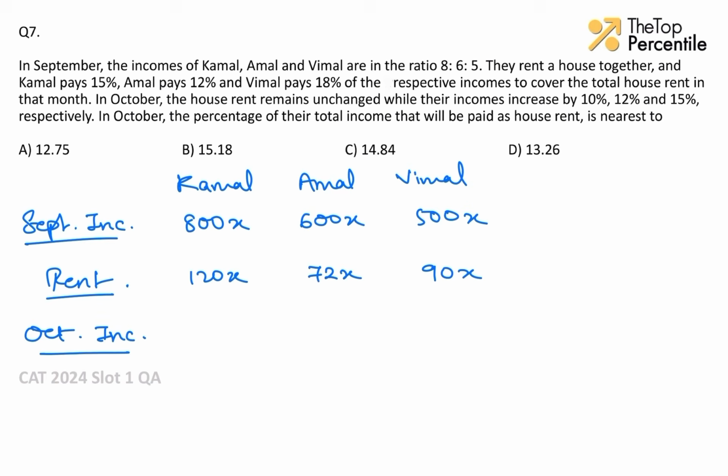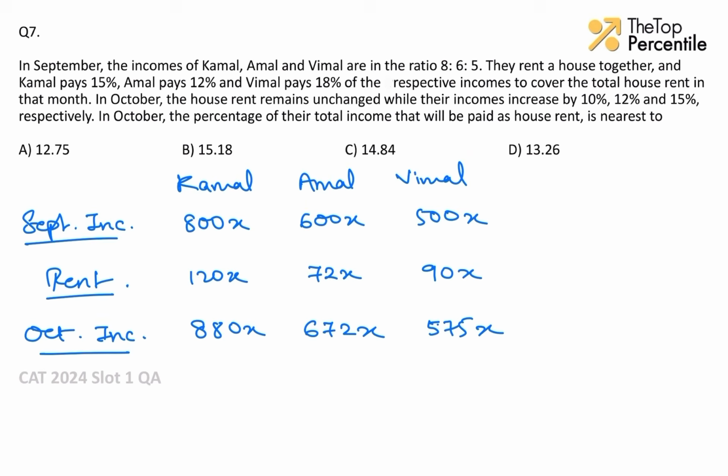Incomes increase by 10% for Kamal, so this will be 880x, by 12% for Amal, so this will be 672x, and by 15% for Vimal, so this will be 575x. I have to find the percentage of the total income that will be paid as house rent.